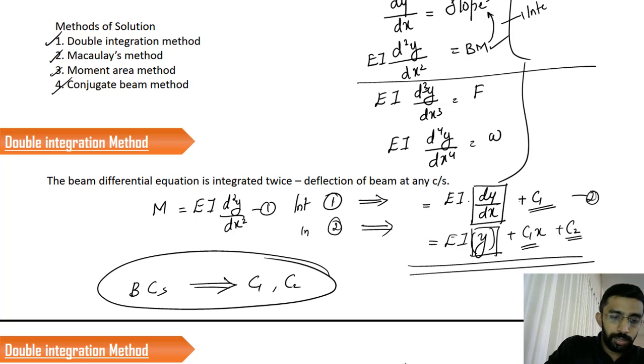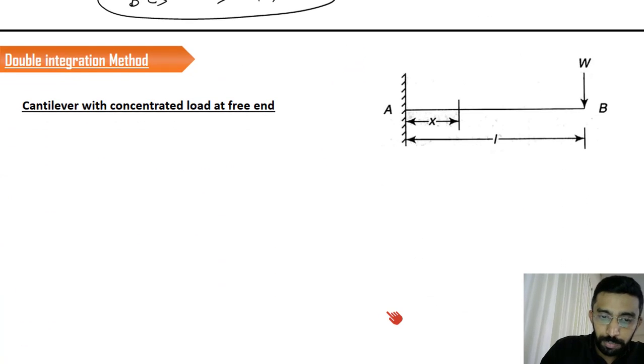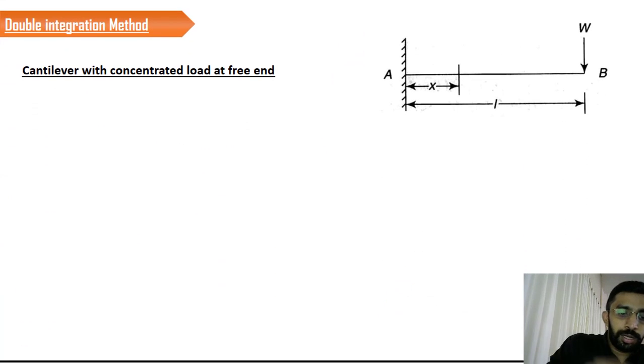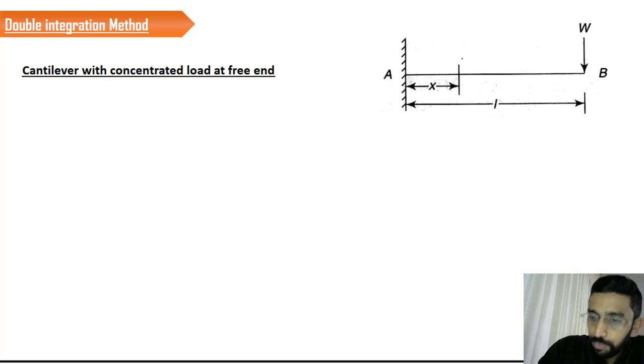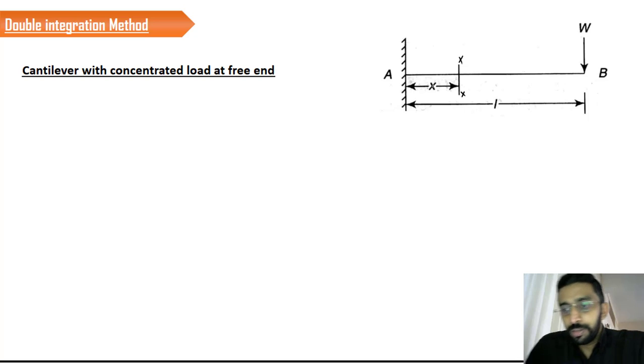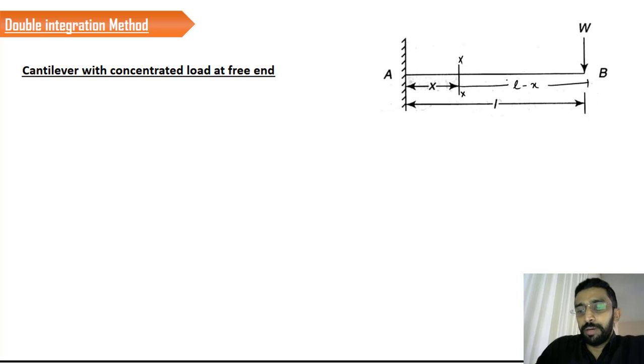So initially we will discuss the double integration method and how it is applied to a cantilever with an end load W. That is the point of discussion. If we consider a section XX, which is located at a distance x from the fixed support, this length is going to be L minus x.